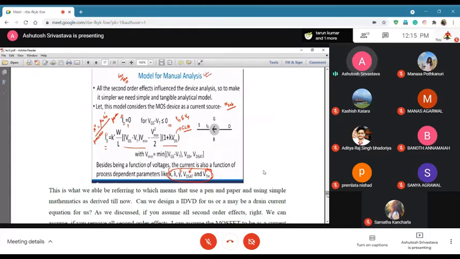So ID is equal to 0 when your overdrive is less than or equal to 0, and ID is equal to this, which also includes the channel length modulation and other phenomena, where the minimum voltage is a function of overdrive, drain source, and VDSAT.